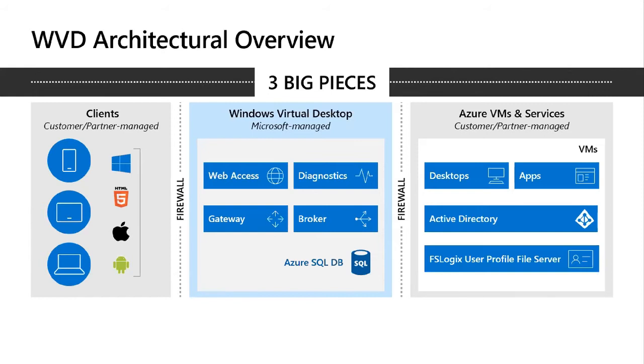If not, then you will have to set it up. Then on top of it, you will have to create virtual networks in Azure, which will house all the Azure virtual machines that act as the WVD VMs. So that the customer will need to take care of.